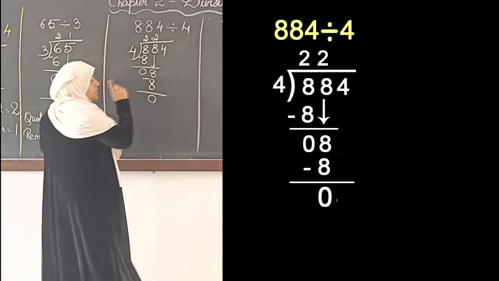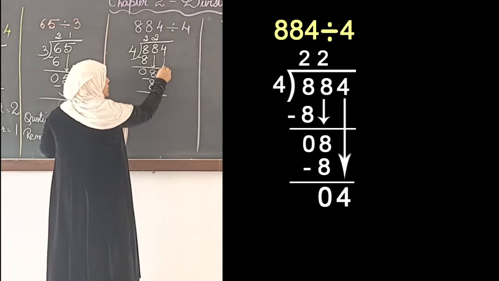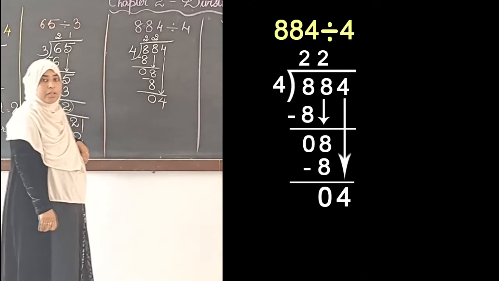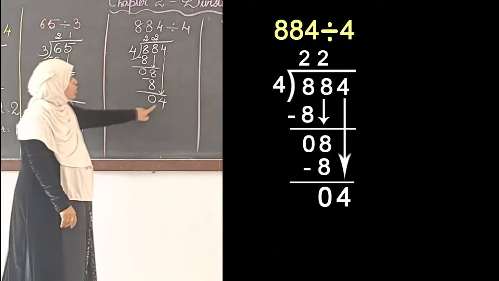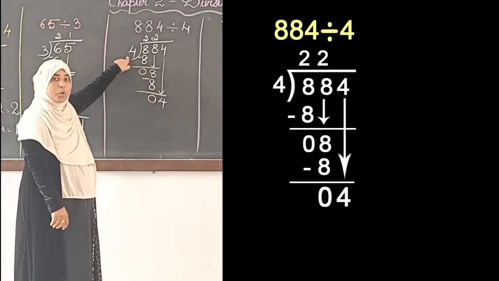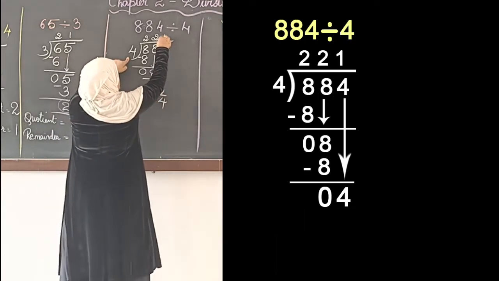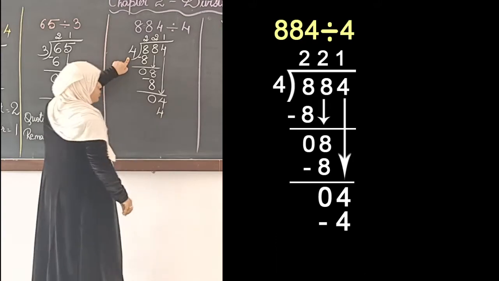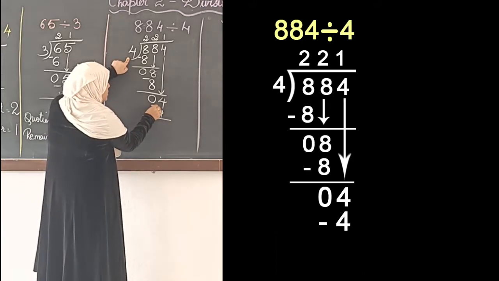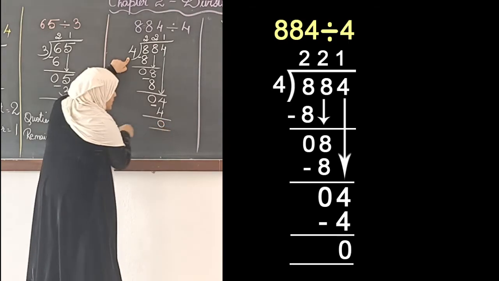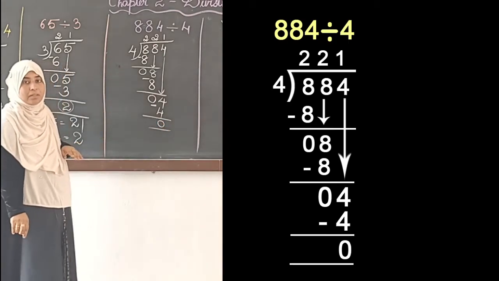Next, we have one more digit left, right? So we will bring that digit down, 4. Now we will divide 4 with 4. 4 ones are 4. Now subtract, 4 minus 4, you will get 0 as the remainder.